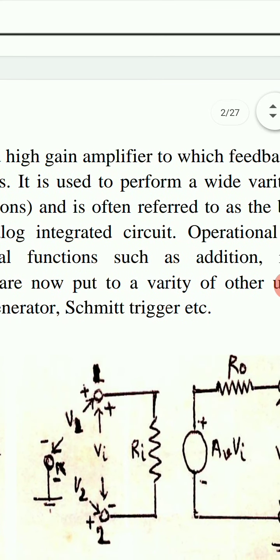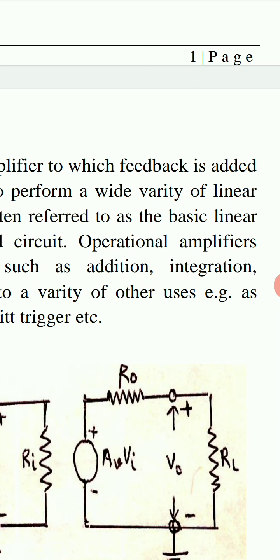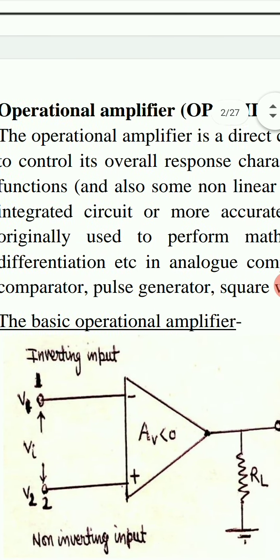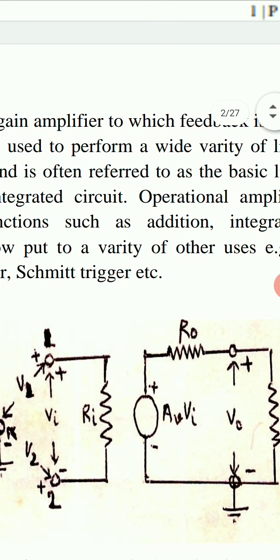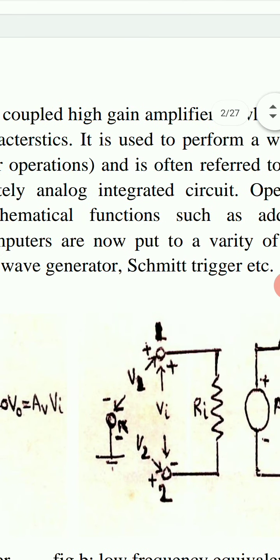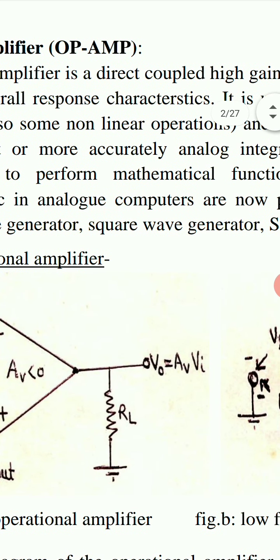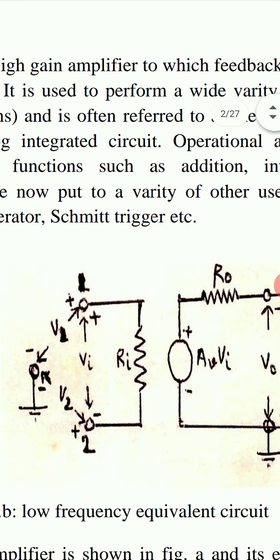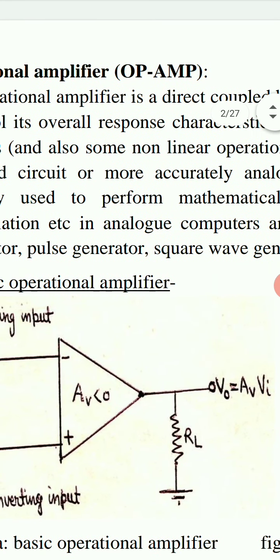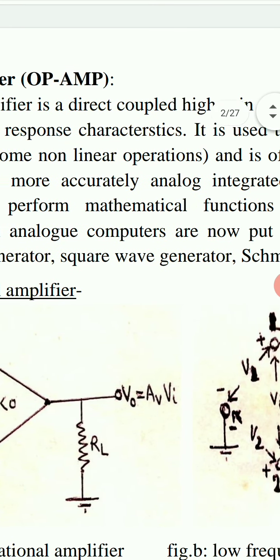It is used to perform a wide variety of linear functions, and it is often referred to as the basic linear integrated circuit, or more accurately analog integrated circuit. Sometimes it is also used for non-linear operations.